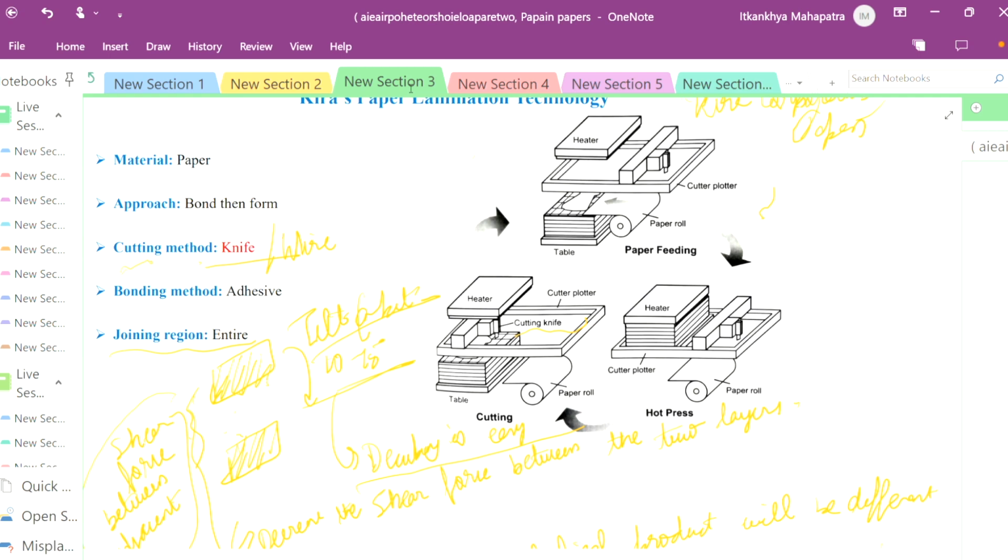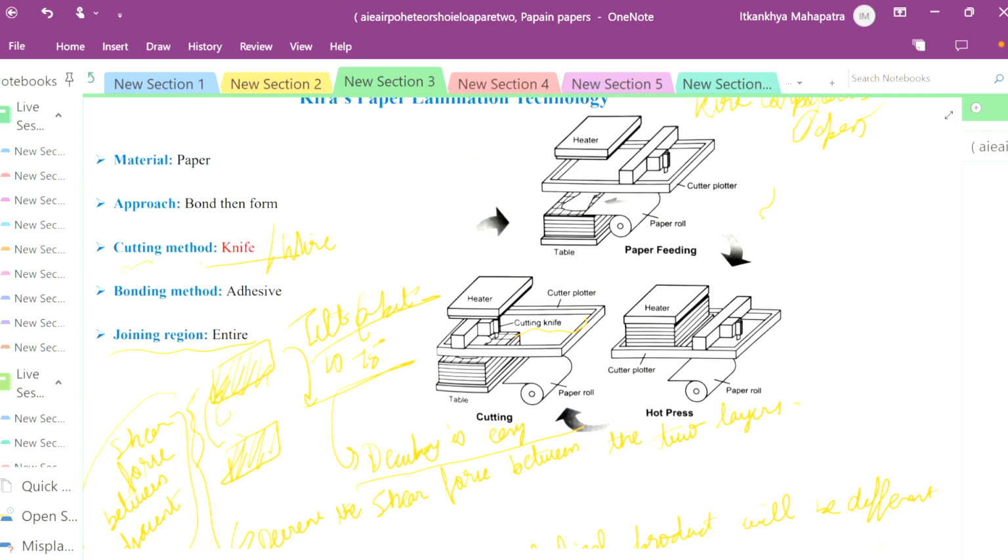And one more thing: we use a roller in shearing action, so it may happen that it tries to curl, and in some cases the final product is a little bit tilted. But in this case, to avoid this, we are just using a heated plate.